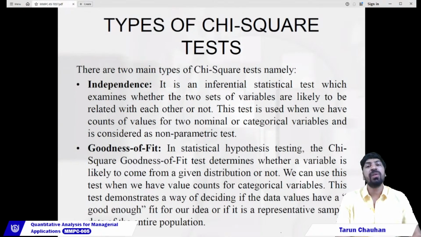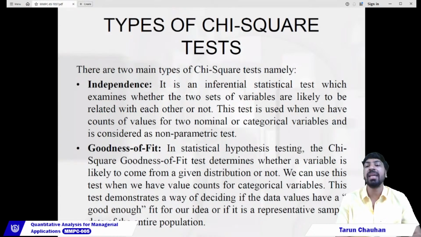Types of chi-square test. There are two main types of chi-square test, called independence and goodness of fit. What is independence? Independence is one of the inferential statistical tests which mainly examines whether two sets of variables are related to each other or not.